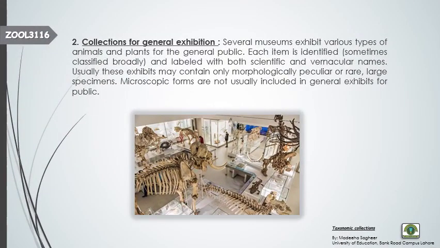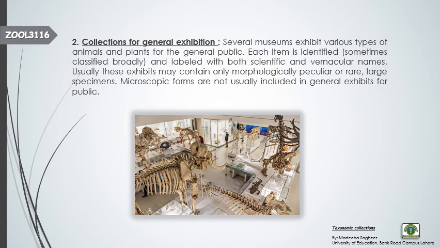Here is the second type of collections, that is collections for general exhibition. Collections that are meant for general exhibition usually include large or big specimens instead of microscopic specimens. Microscopic specimens are never meant for public exhibition.